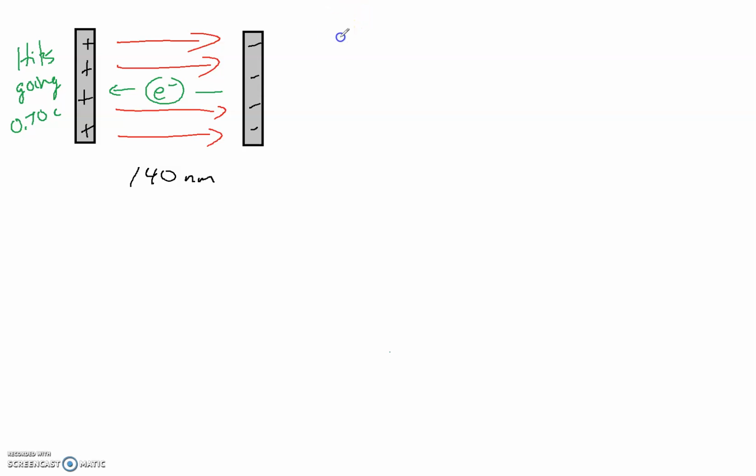So this thing is hitting going 0.70 c, or 0.7 times the speed of light. The speed of light is on your super sheet, and you should be able to find it there. First thing we'll do is convert this to meters per second. We just multiply that by the speed of light, which comes to around 2.1 times 10 to the 8 meters per second.